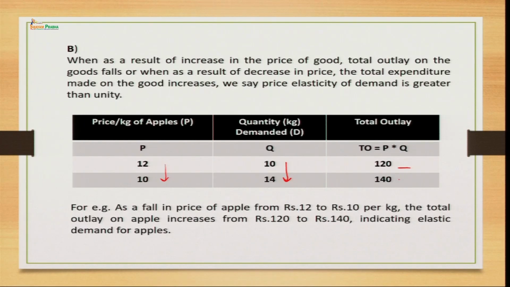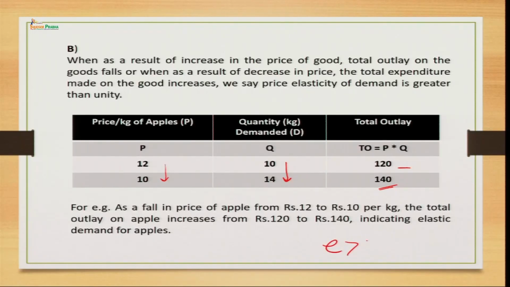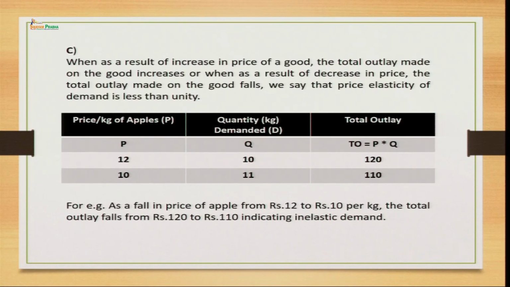Here your total outlay will increase from 120 to 140. So, this total outlay represents that the product is of elastic nature. That means a lesser change in the price causes more change in the quantity demanded, and here the elasticity is greater than 1.